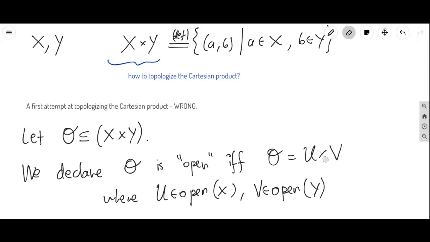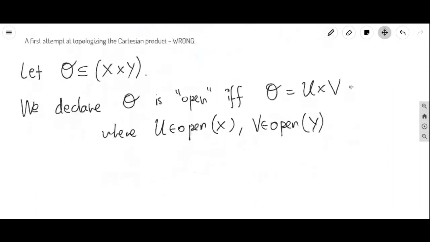I'm sorry, some open set in X, and then Cartesian product with another open set in Y. So that's something that you would do, and this is wrong.